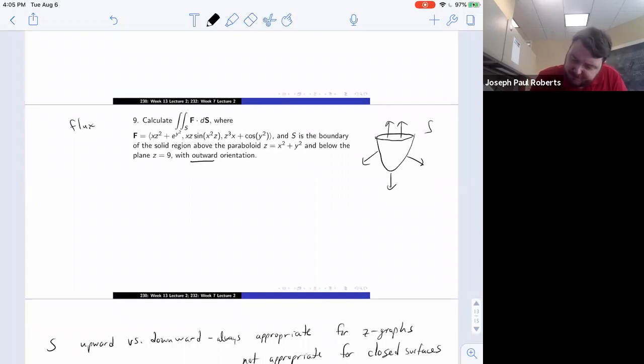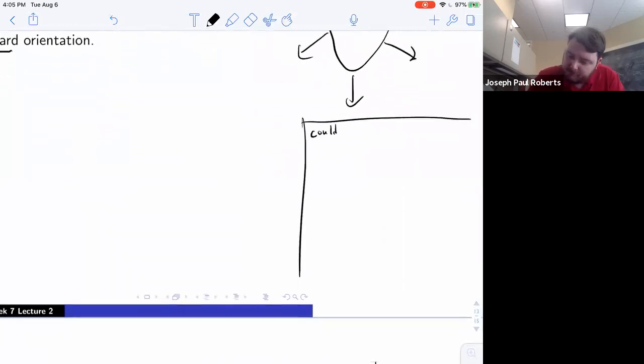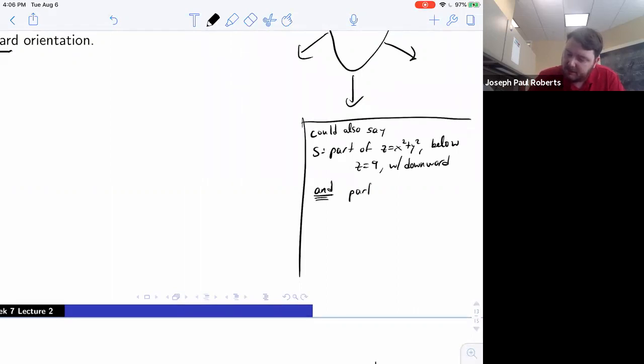I could also say that S is the part of z equals x squared plus y squared below z equals 9 with downward orientation, and the part of z equals 9 for x squared plus y squared less than or equal to 9, with upward orientation.